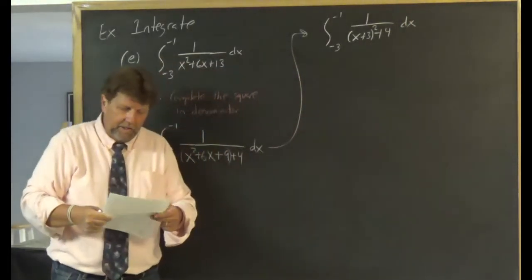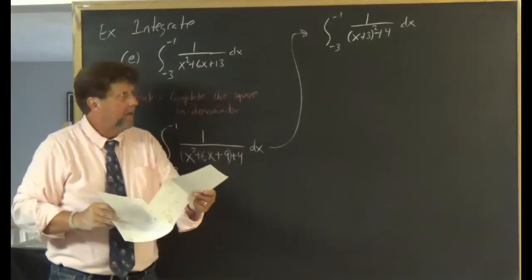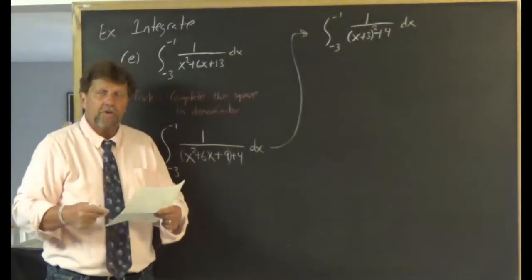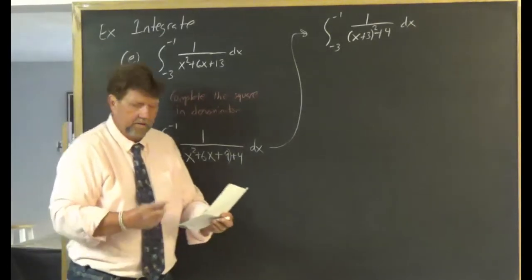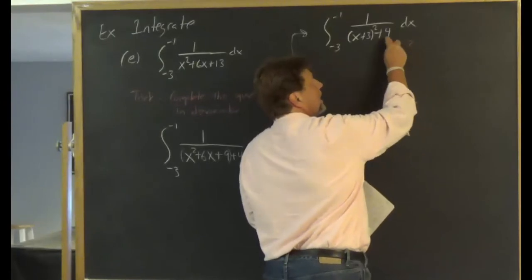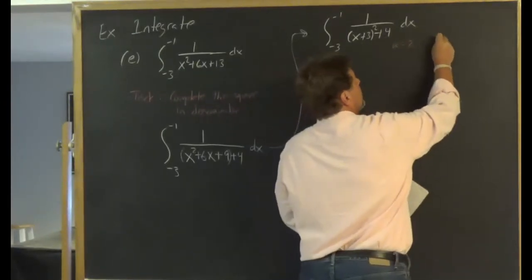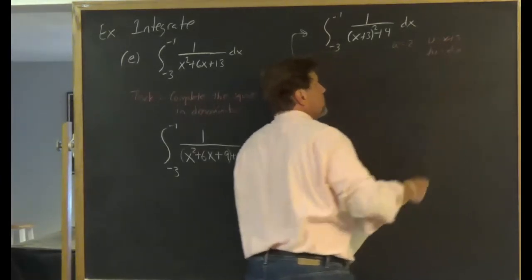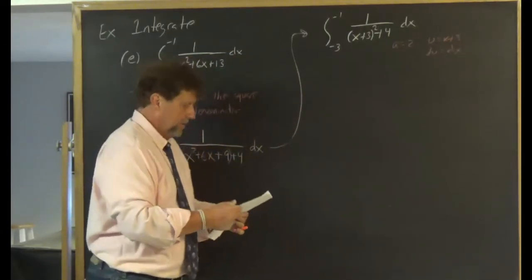Now this looks an awful lot like part B. It looks like the structure of an inverse tangent, except here, keep in mind, a is 2. a is the number. u is x plus 3, which means du is dx, which is great because I'm not going to have any extra multiplier to worry about.